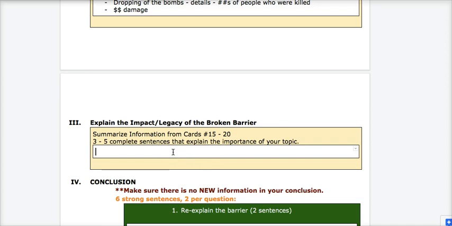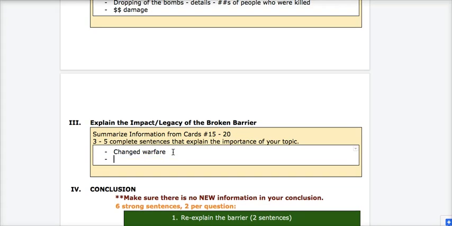With this one, I would talk about how it changed warfare forever. It changed warfare overall, worldwide. It started the Cold War. The Soviet Union and the United States competed to see who could have more nuclear weapons.